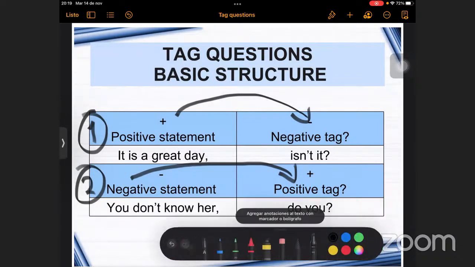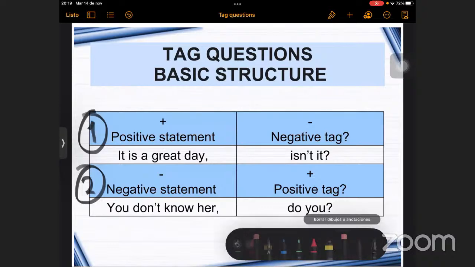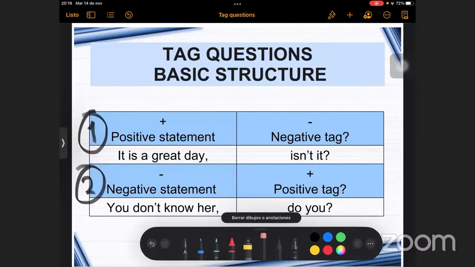Okay, I'm going to read the examples so we understand and we are in the same channel. Option one, beginning with a positive sentence, ending with a negative mini question or negative tag question, okay? Example number one, here.